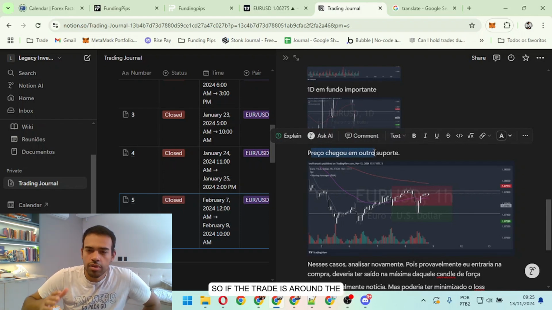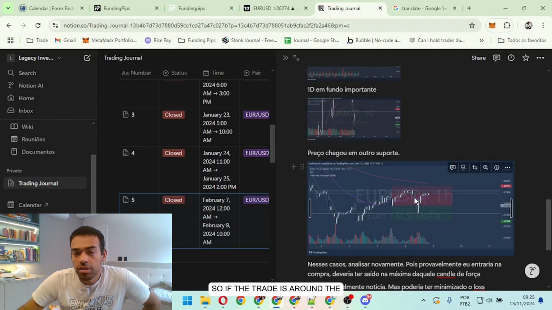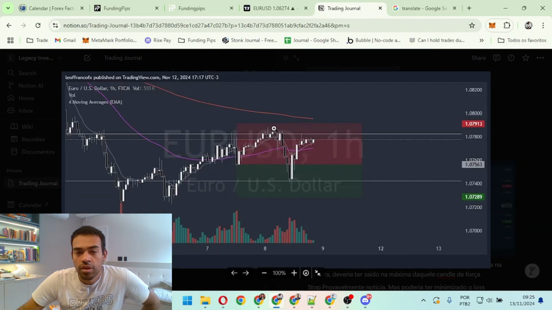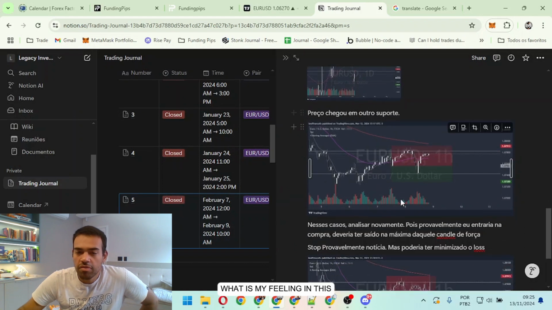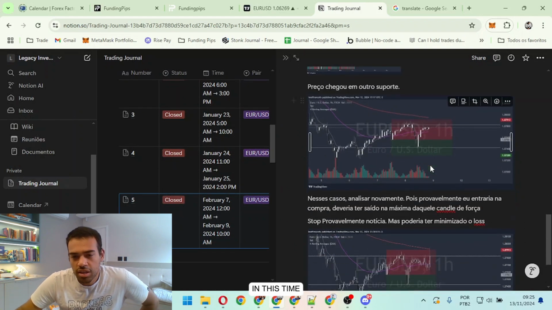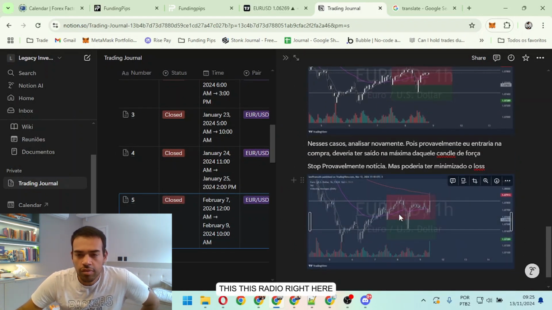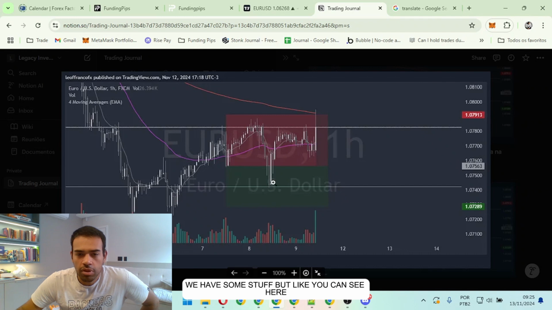So if the trade is around the stop loss, like this example right here, what is my feeling at this time? This trade right here, we have some stop, but like you can see here, we close the price in this support area.